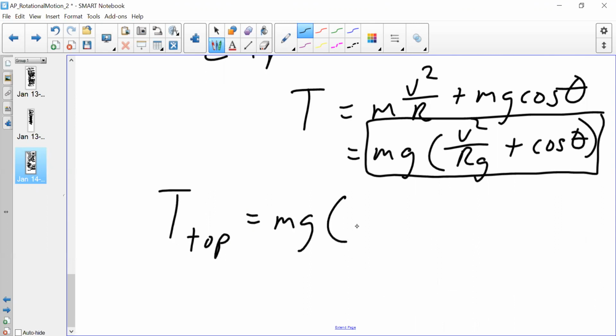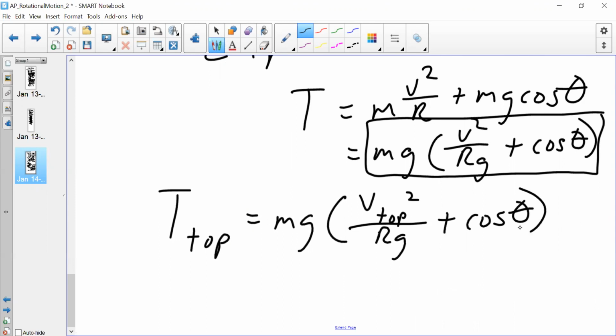So this is going to be mg times the velocity at the top squared over rg, oops, it's already factored, plus cosine theta. For the sake of argument, we can leave it.